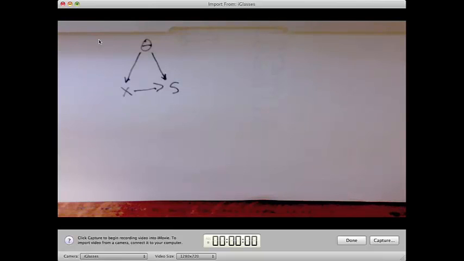So now the question is, does that predict anything for what we'll see for S? Or is S simply its likelihood is the same as what we would get from our original value of theta, not taking into account what we observed for X?